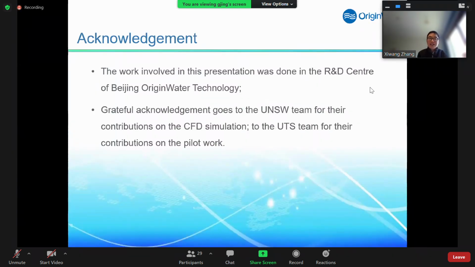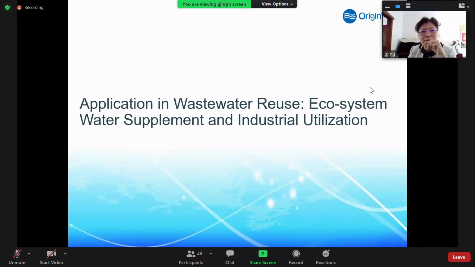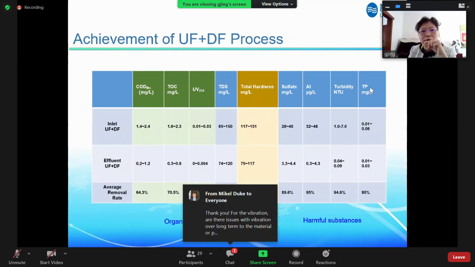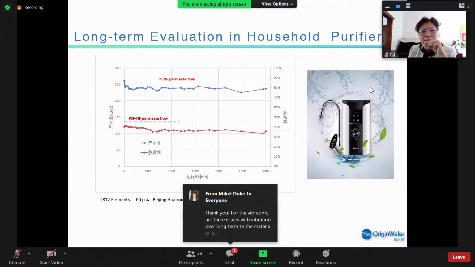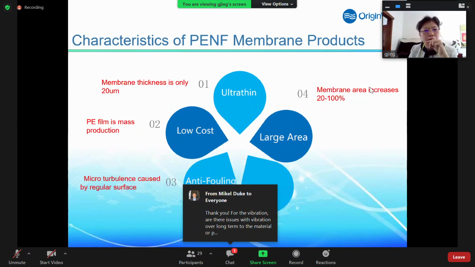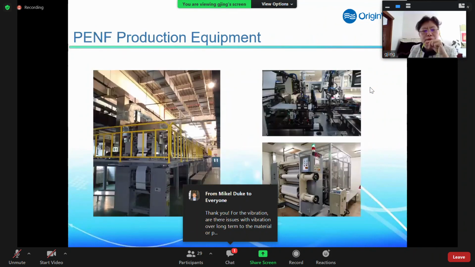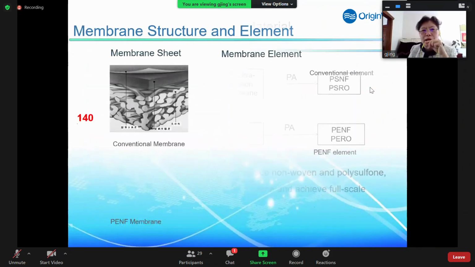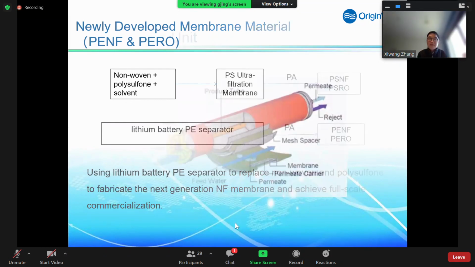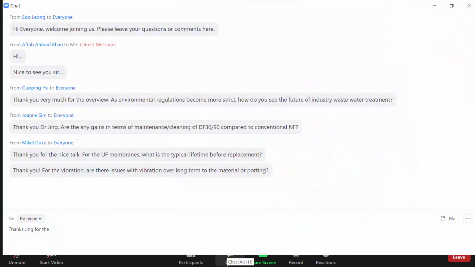Yeah, because this one is actually a combination of flat sheet and also hollow fiber. So once we developed that membrane, we tried to use the advantages of flat sheet and hollow fiber.